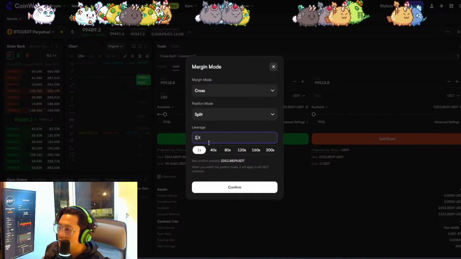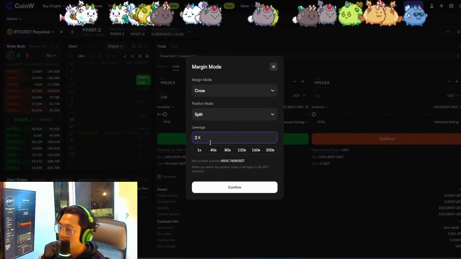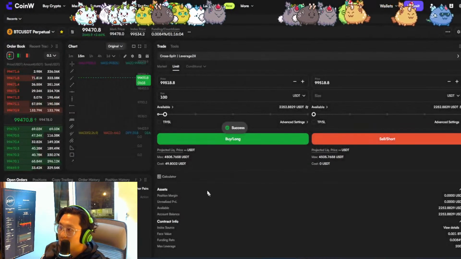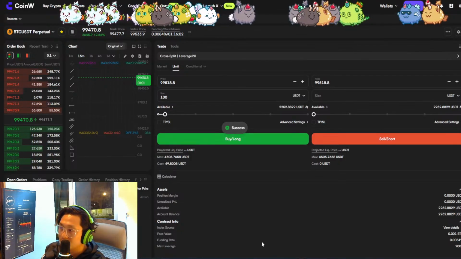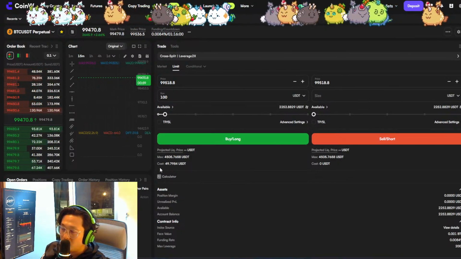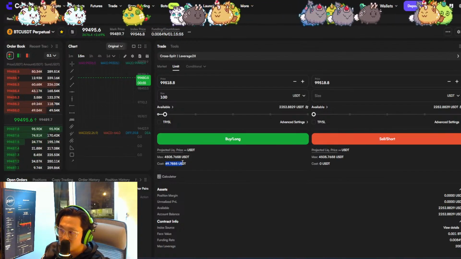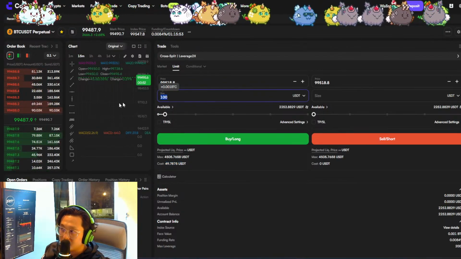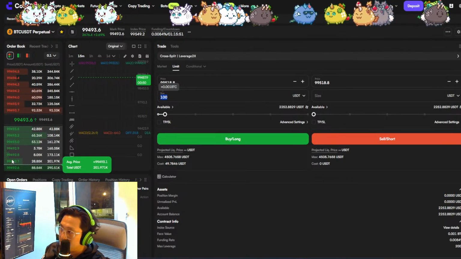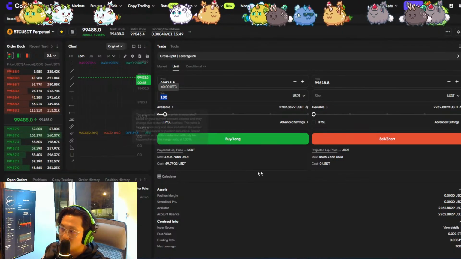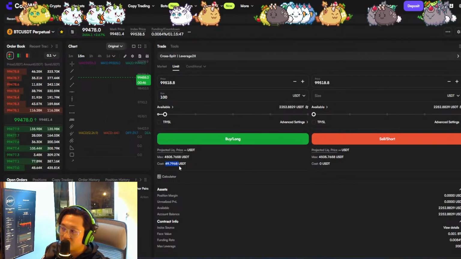If you use 2x, okay, look at the cost. It only uses your own margin of around $50, but you can open a size of around 100 USD. So your initial margin is only like 49.